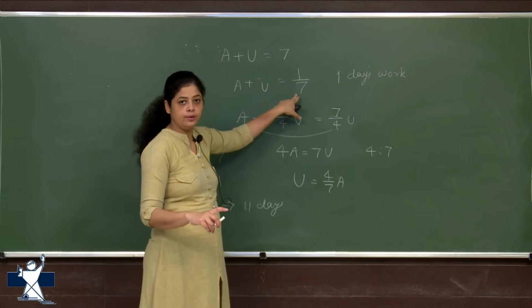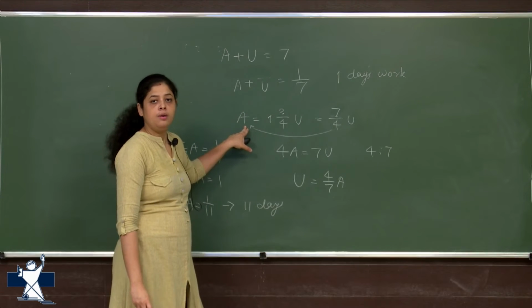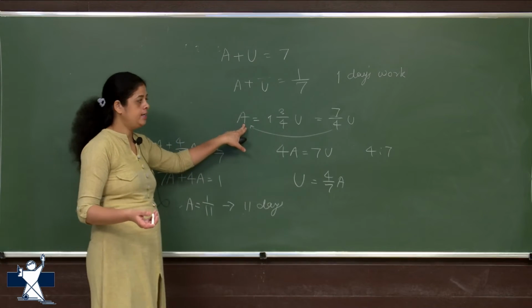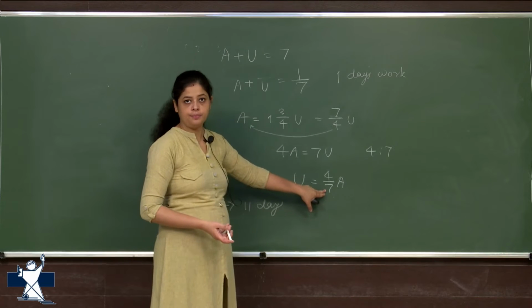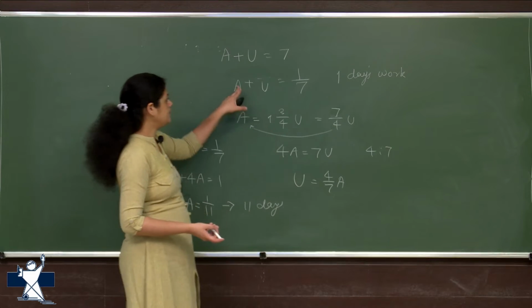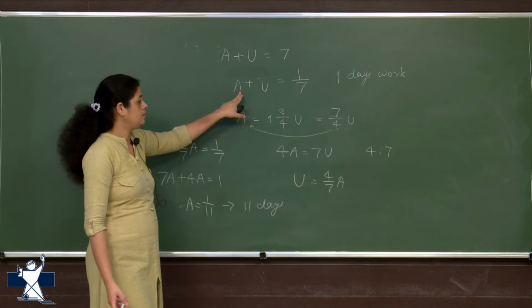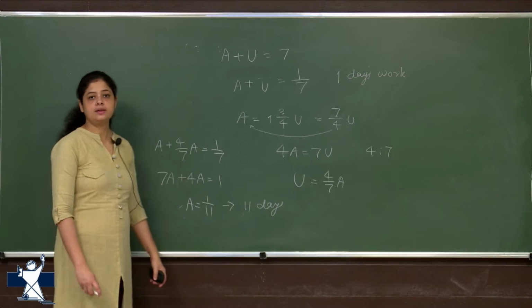Then we are given the relation between the efficiency of Asha and Usha. Based on that we are asked to find Asha's number of days. So we replaced Usha with the efficiency ratio of Asha. Always use the 1 day's work equation. So we have replaced it here and got the answer as 11 days.